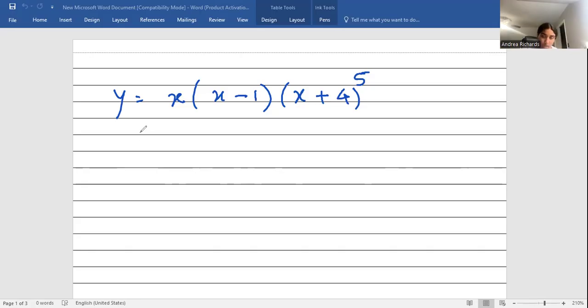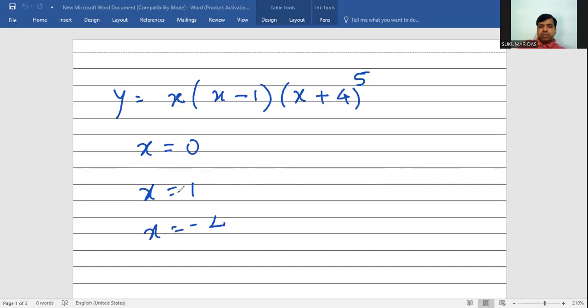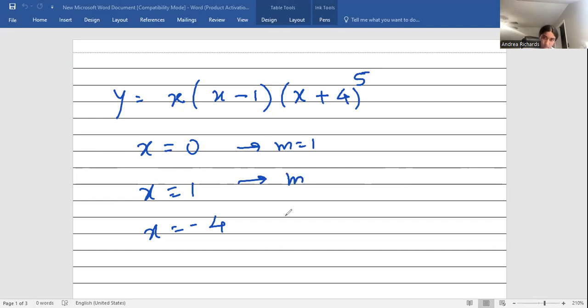The roots are 0, 1, and -4. So what is the multiplicity of x is equal to 0? It's 1. Multiplicity of x is equal to 1? 1. And here, -4? 5. So multiplicity is 5, correct?